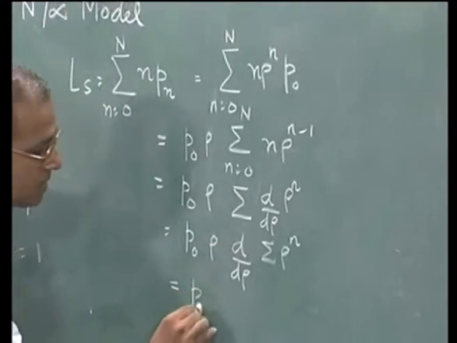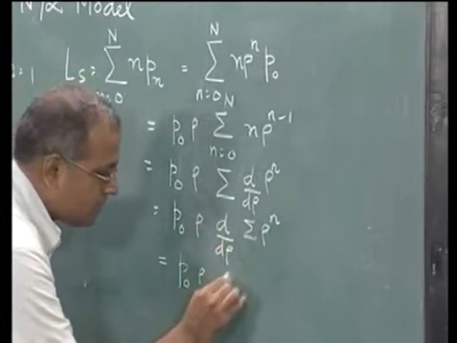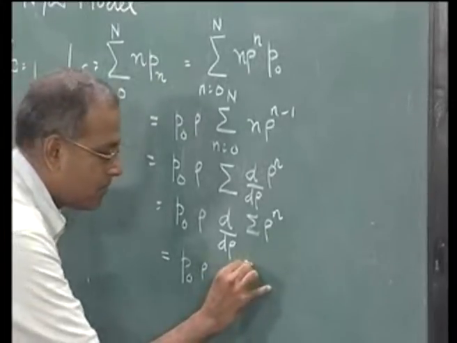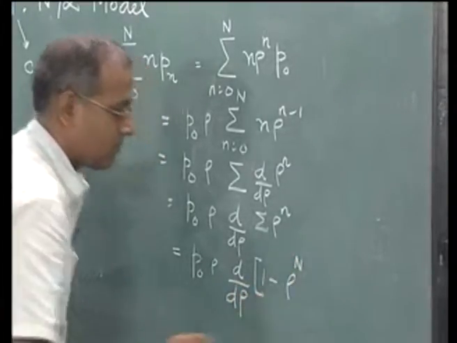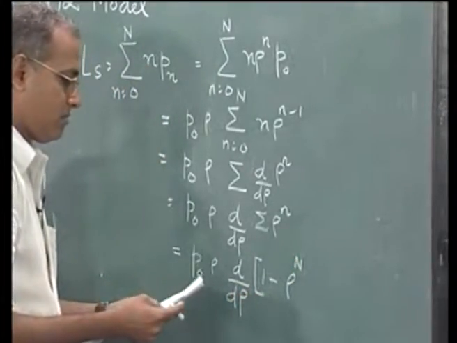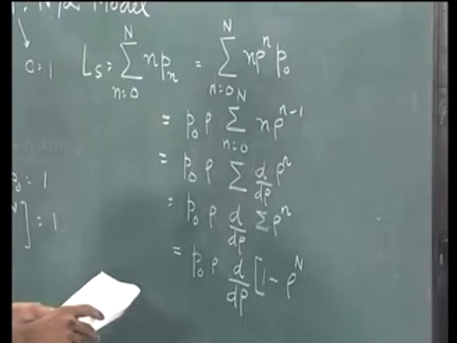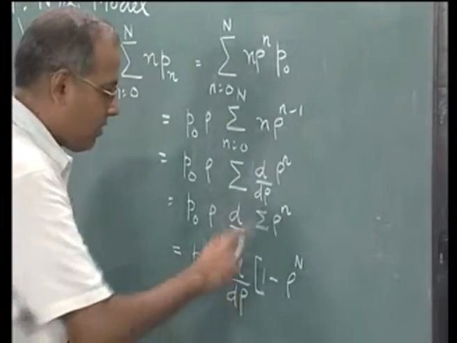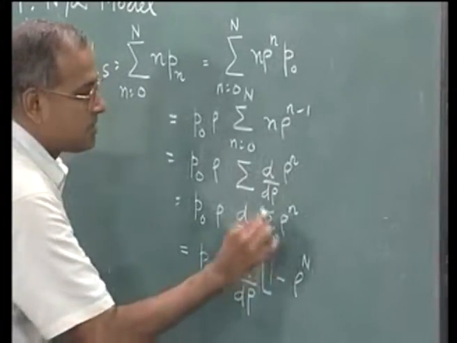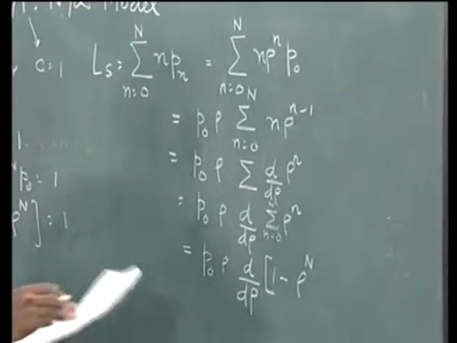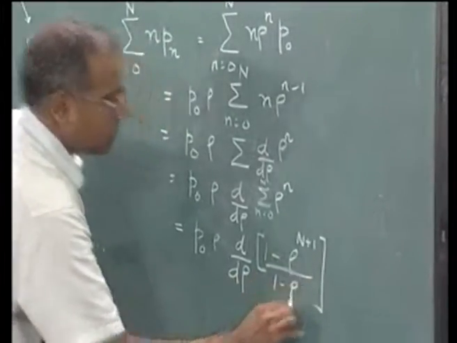So, this will be P naught into rho into d by d rho of the summation of rho power n, with n equal to 0 to N. So, this is 1 minus rho to the power n plus 1 by 1 minus rho.